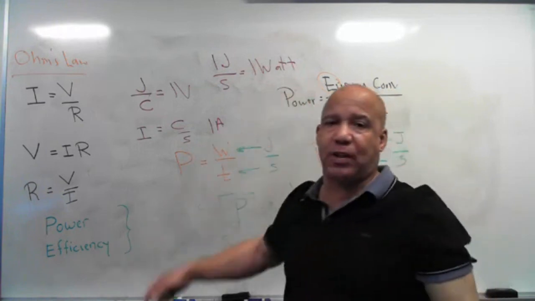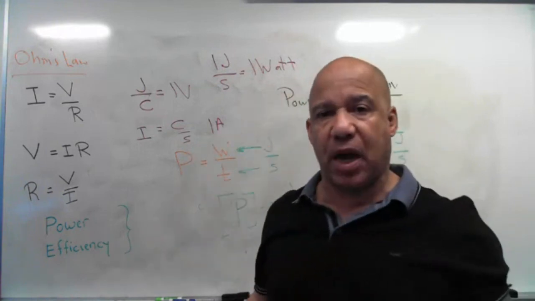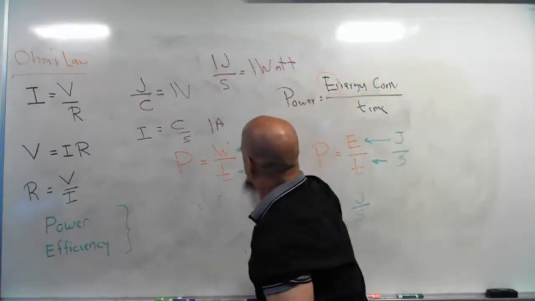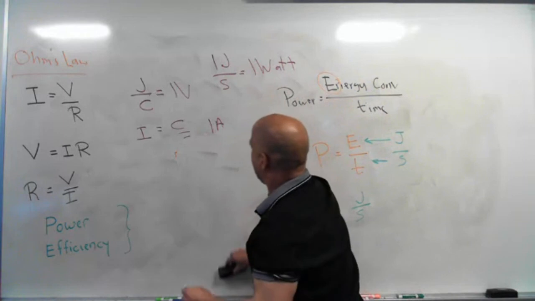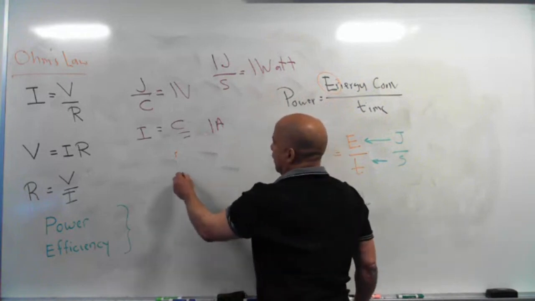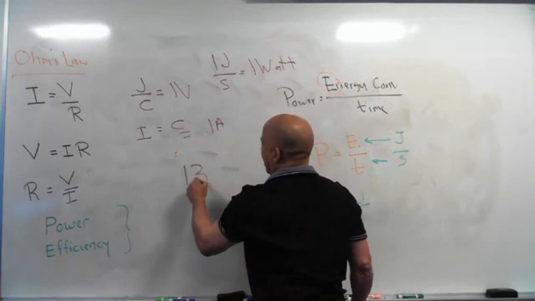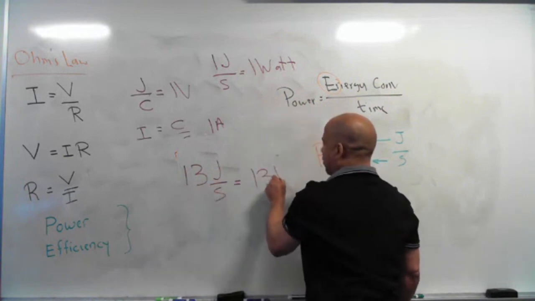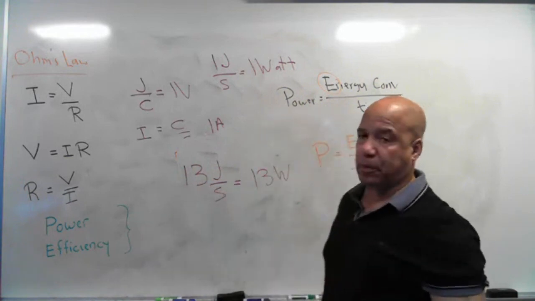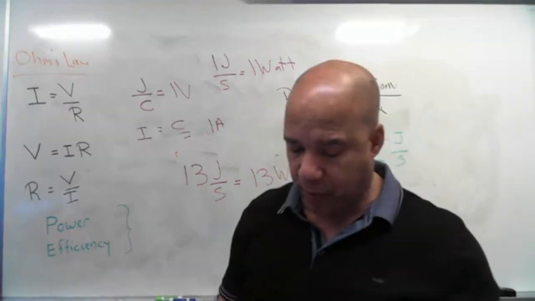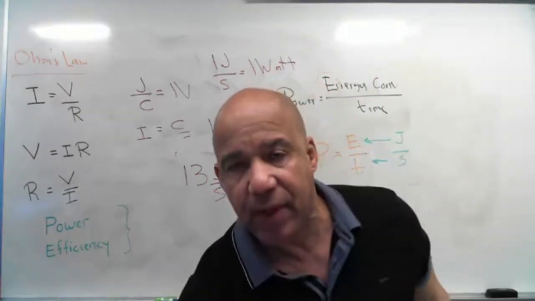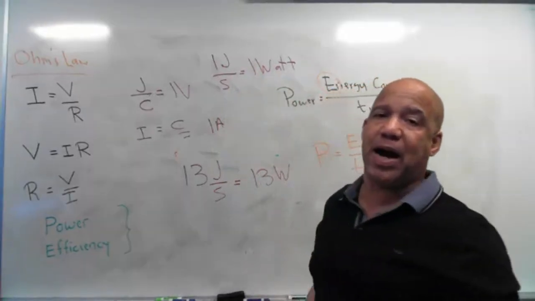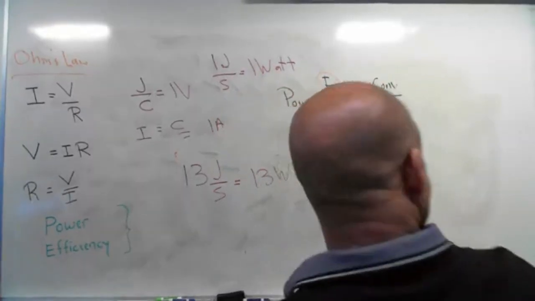So we use watts for electrical power, and we use a capital W to represent watts. Something might have a power of, let's say, 13 joules per second. That means the power is 13 watts. It's capital because it's named after somebody. Remember, if the unit is capitalized, it's named after a person. This person's name is James Watt. James Watt was, of course, a physicist.